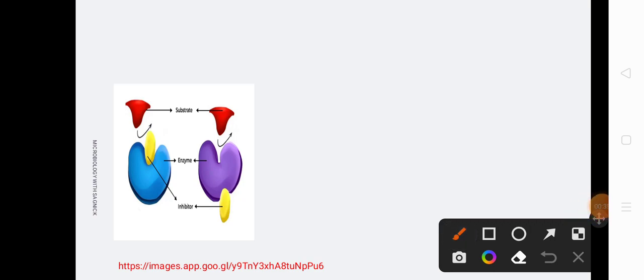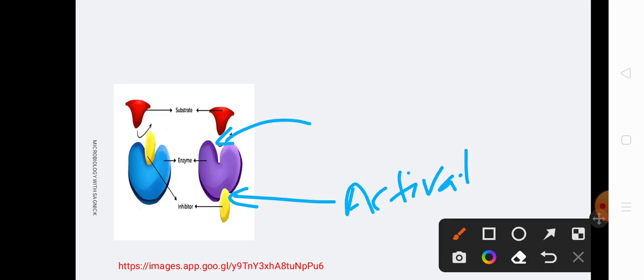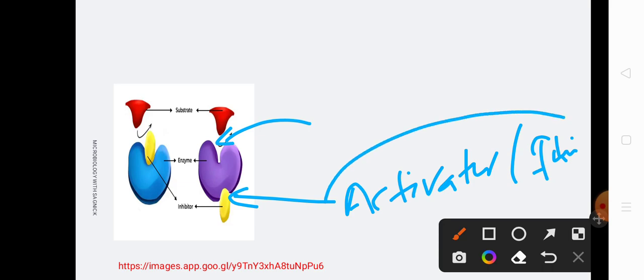So what is an allosteric enzyme? Allosteric enzymes are those that have two binding sites, right? One for the substrate, another for a modulator or allosteric effector, right? That modulator can be an activator or inhibitor, right? That is why the regulation of those types of enzymes depends on which modulators are binding to that modulator binding site, right?